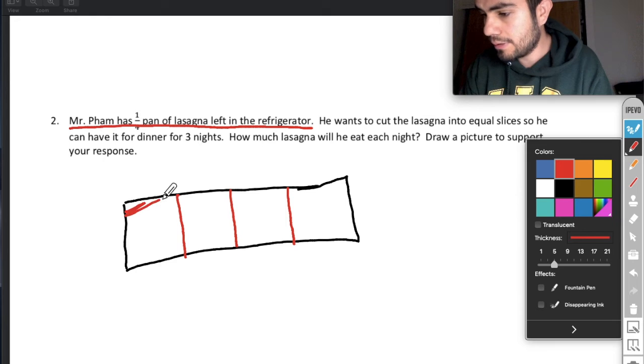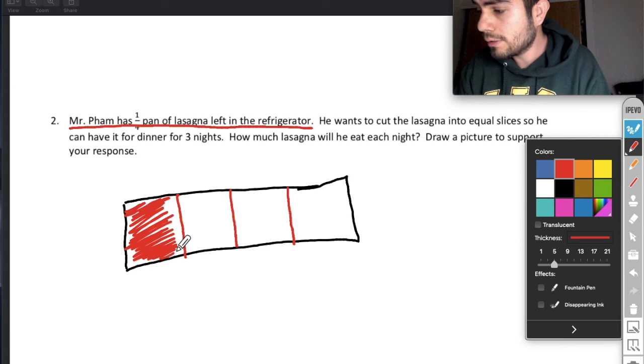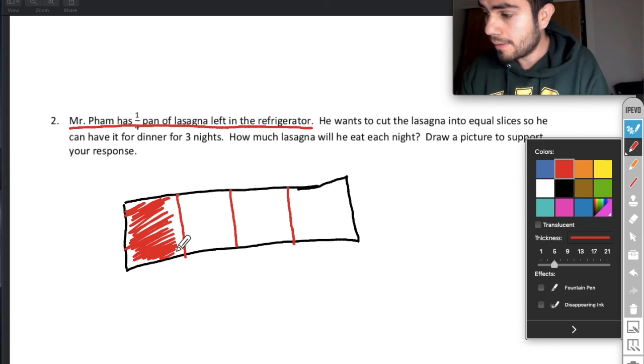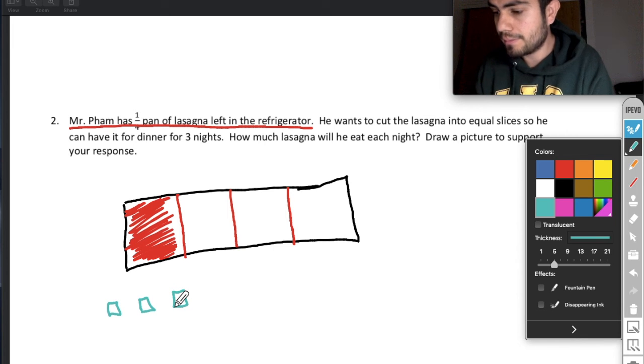Okay, so here is all of his lasagna. Now it says that he wants to cut this lasagna into equal slices so that he can have it for dinner for 3 nights. Okay, so 3 nights. So here's night 1, night 2, and night 3.